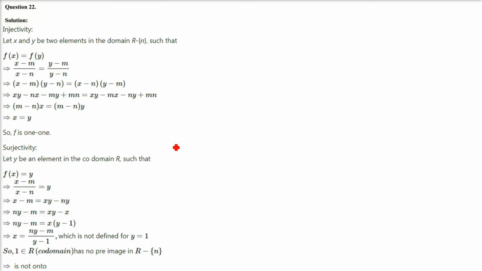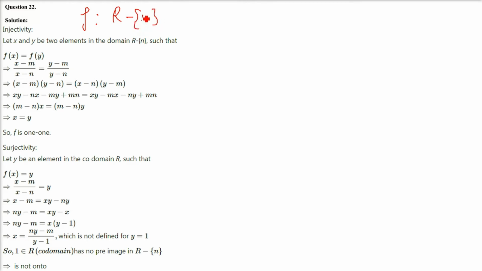Question number 22. Let f be from R minus {n} to R. So f is from the real numbers without n, all the real numbers except n.